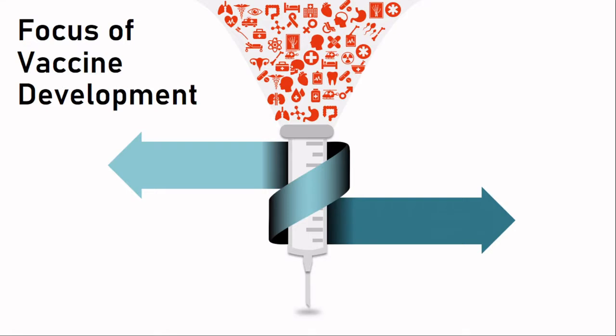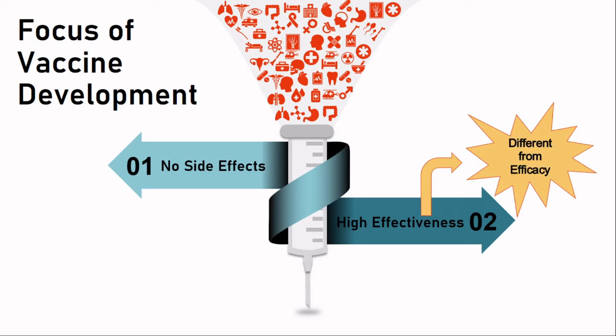In general, the two main points important for vaccine development are: one, that we do not want any side effects of the vaccine, and second, we want it to be highly effective. Effectiveness and efficacy of vaccines are two terms generally used interchangeably, but there is a slight difference between the two, which we will talk about a little later.